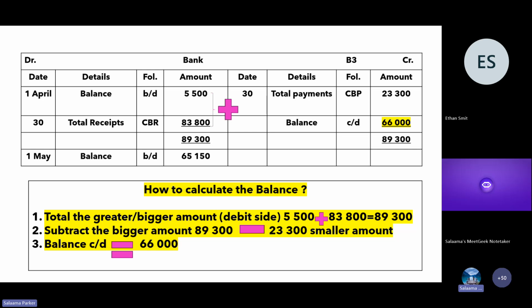Every month the bookkeeper will just continue with doing the posting from the journals to the T accounts. Now for May, that will be the opening balance, and we will just continue. I've just got one more example of a nominal account transaction. Any questions on how to calculate the balances?